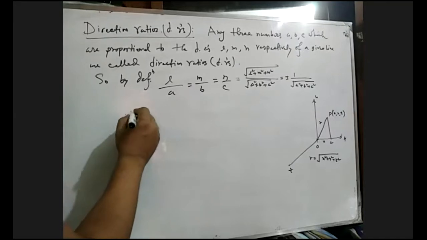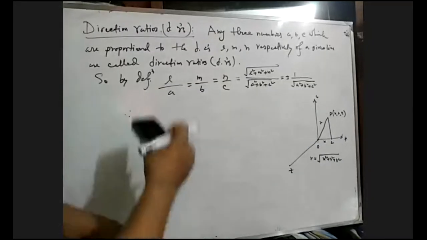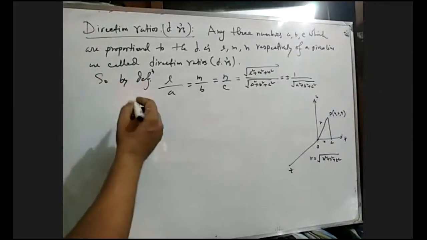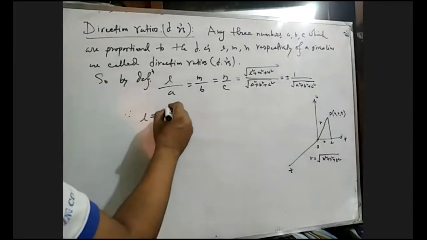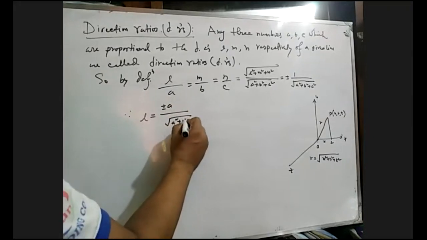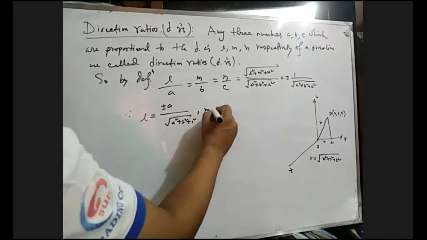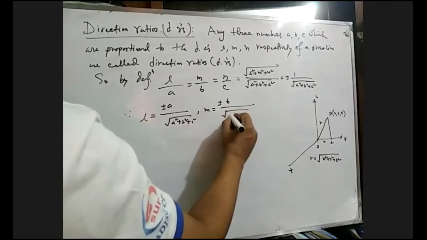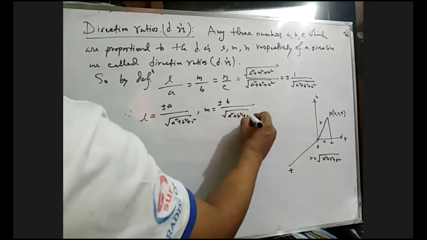So every ratio can be represented as plus minus. That means direction cosine L can be written as plus minus A divided by root over A square plus B square plus C square. M equals plus minus B divided by root over A square plus B square plus C square.